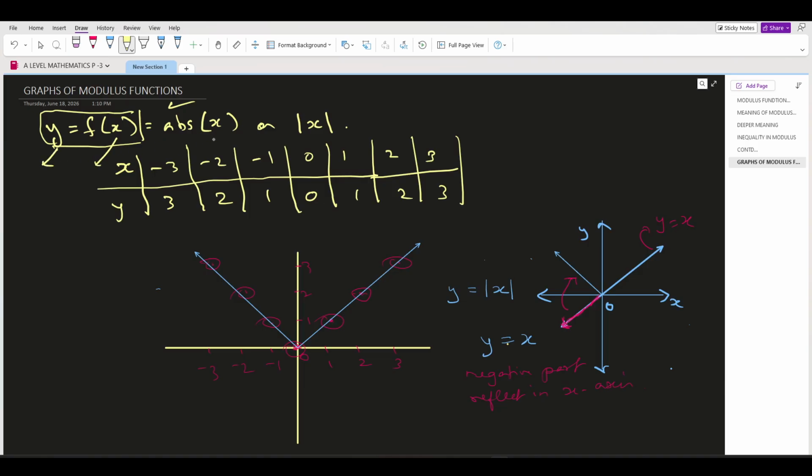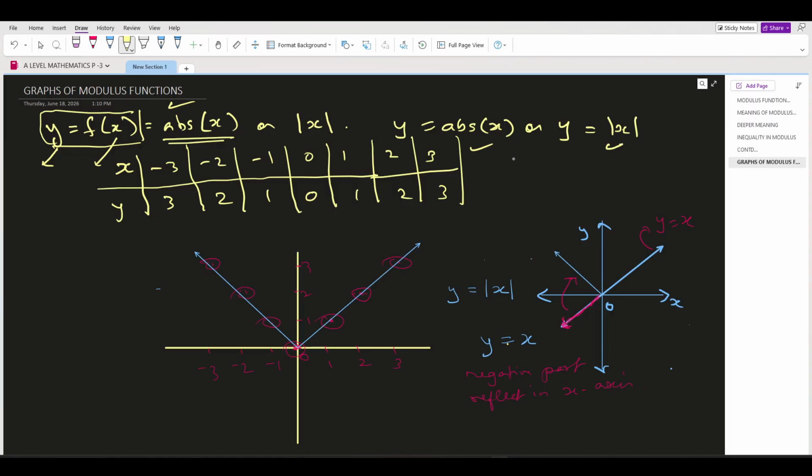And if this function is an absolute function, you can write this as y is equal to f absolute x. Y is equal to absolute x. Okay. Or it is many times written as y is equal to x between two parallel bars. Both mean the one and the same thing. This is y is absolute value of x.